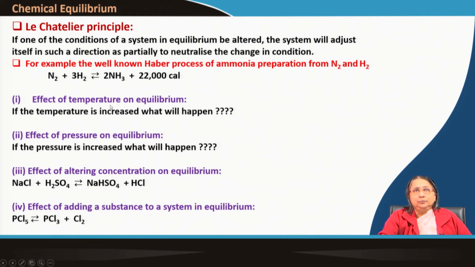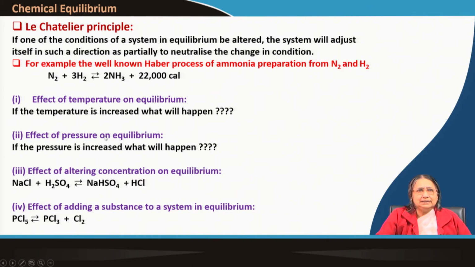If we increase the pressure, it will try to go in the direction where the number of moles is reduced. When the number of moles is more, the pressure is also higher. So, it will act in such a direction that the number of moles is reduced, that means, it will go towards the forward direction. So, the effect of temperature and the effect of pressure we have explained.